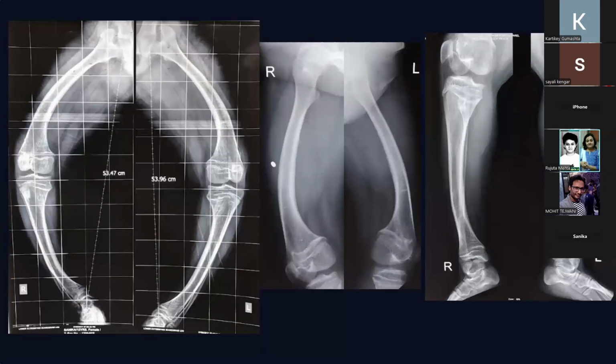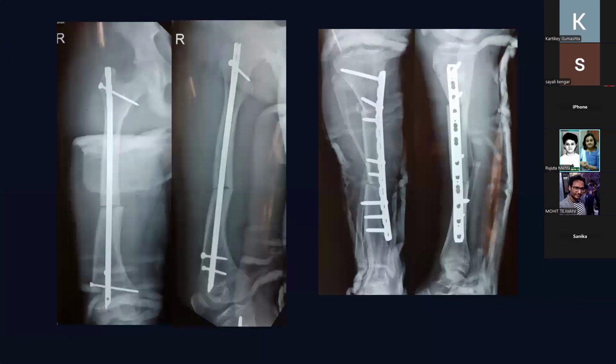Another case in which we did a multi-apical staged osteotomy. This is a case of hypophosphatemic rickets, but we did this when the deformity was very large and difficult to manage with guided growth.